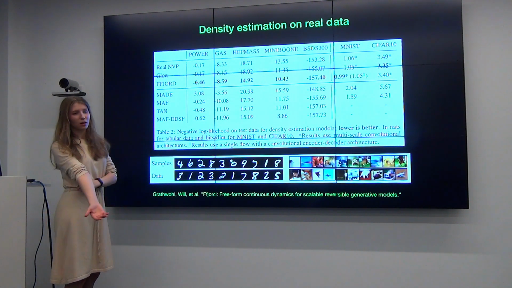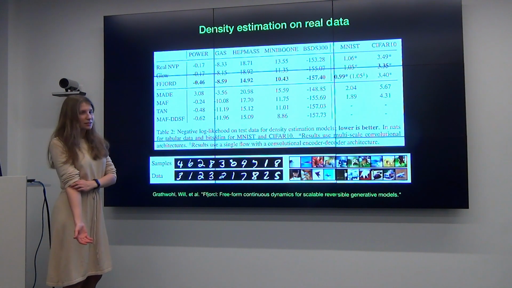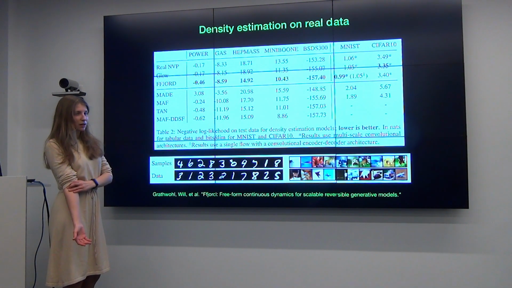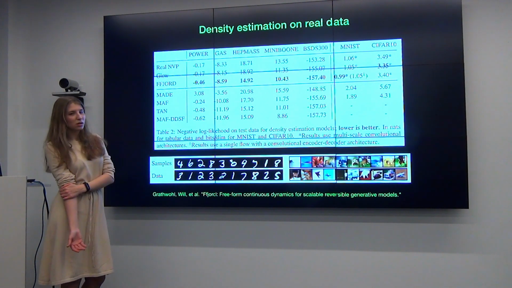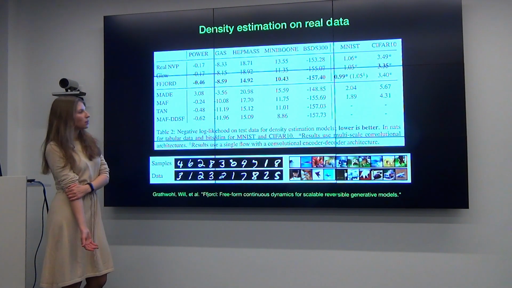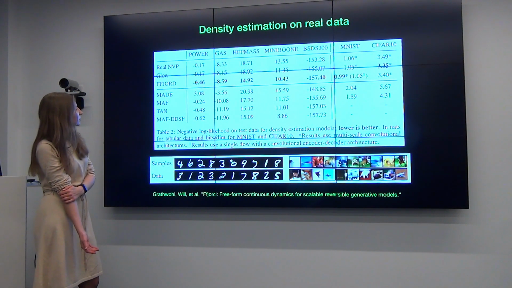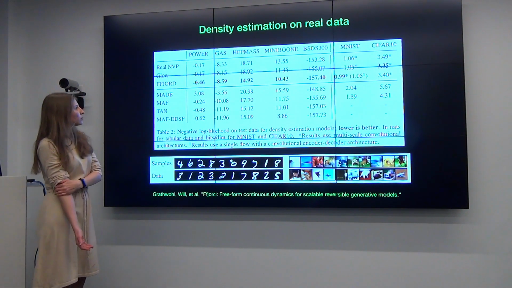And in FFJORD we are not restricted to an invertible function, and can use any neural network. Yes. And so do they use a more powerful network within FFJORD than in NVP? Or do they use the same transformation within both approaches? Frankly speaking, I don't remember, but I think they didn't write about it.